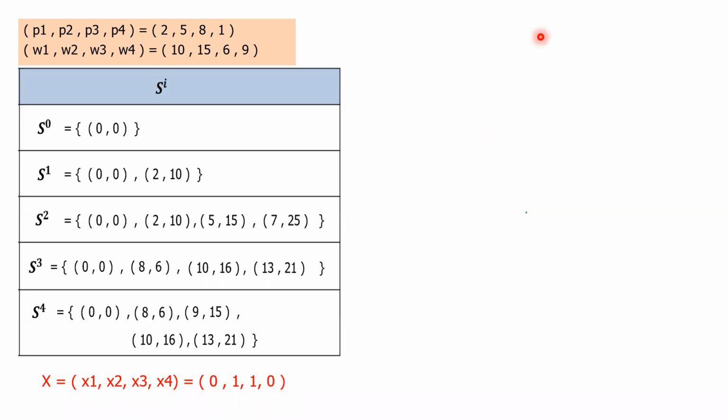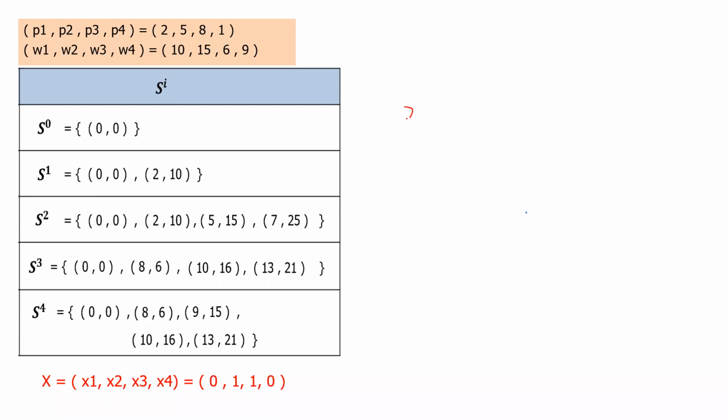Now, if you remember the previous slide, where I have to make a decision about which item will be included into the bag and which will not. Because we are applying dynamic programming, we'll always make decisions starting from nth object to first object.